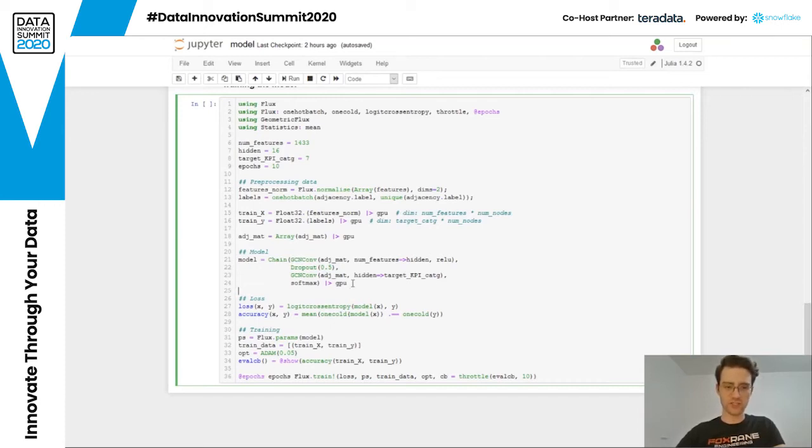As Alejandro was saying, the convolutional layer in the graph context is pretty similar to a convolutional layer in the image processing context, but it also takes into consideration the adjacency matrix, so it takes into consideration the actual graph structure of our data. Our loss is just the cross entropy loss, and we're going to train using the Adam optimizer.